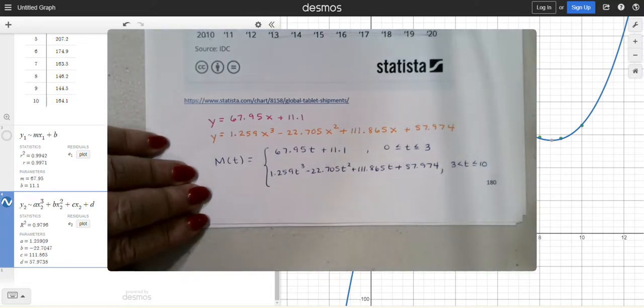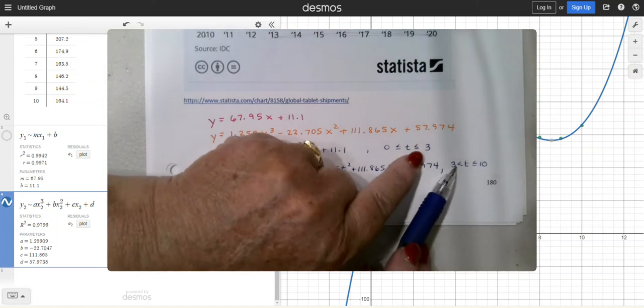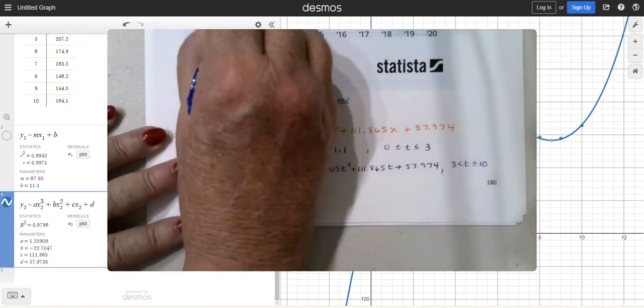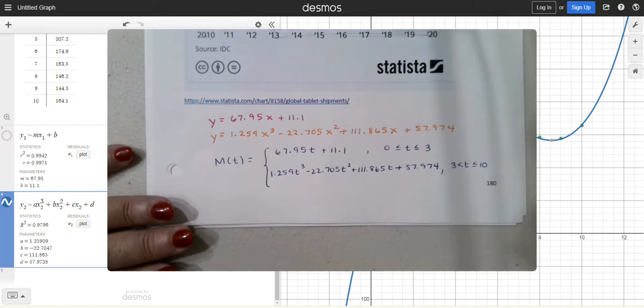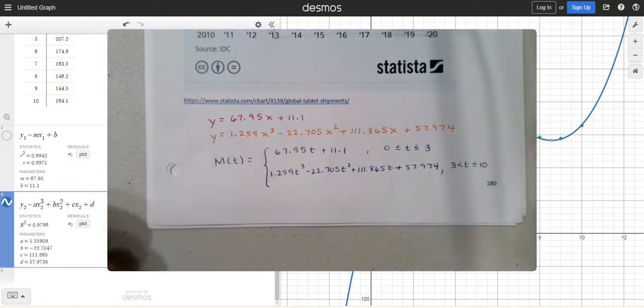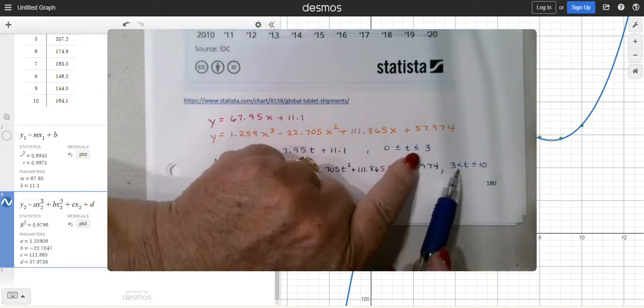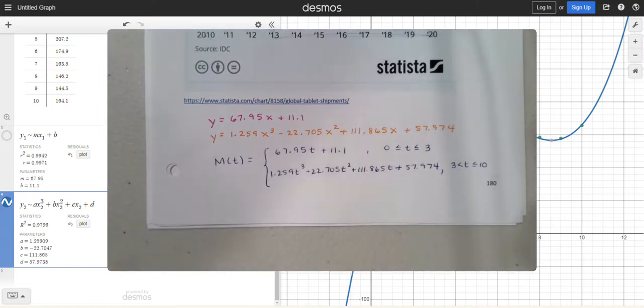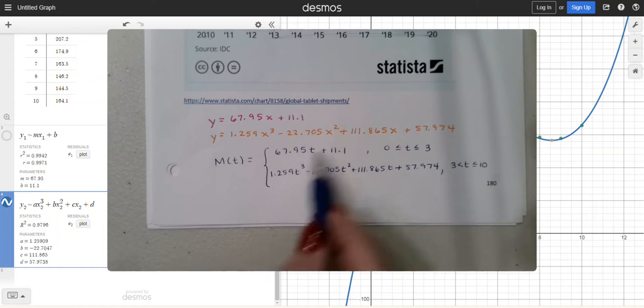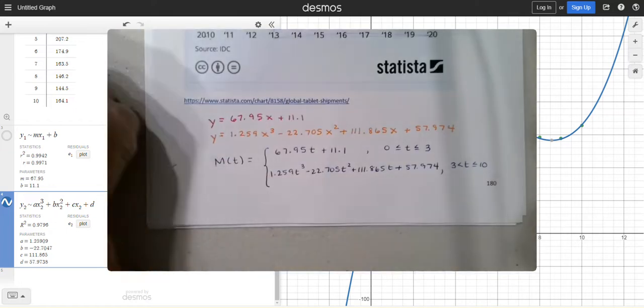Now we've talked a little bit about this before. We actually use that t equal 3 value in both of our regressions, so it doesn't really matter where you include the 3. Pick one, it's fine. All right, I'd like to go ahead then and graph that piecewise function on Desmos and see how that fits my overall data.